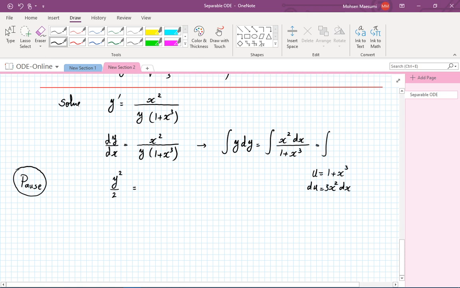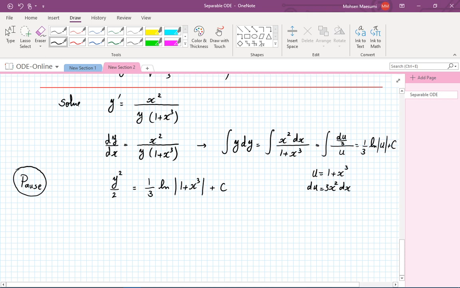X squared dx is du over 3, and the denominator is u, and this thing is 1/3 of the logarithm of the absolute value of u plus a constant. So we said this constant is absorbing the constant from both sides. So I can write the right hand side as 1/3 of the logarithm of, then u was 1 plus x cubed, and then a constant.